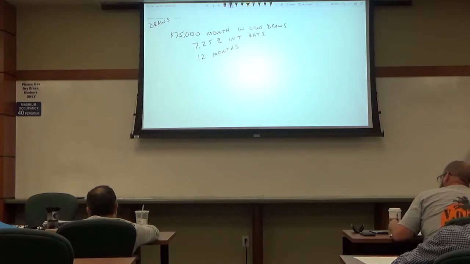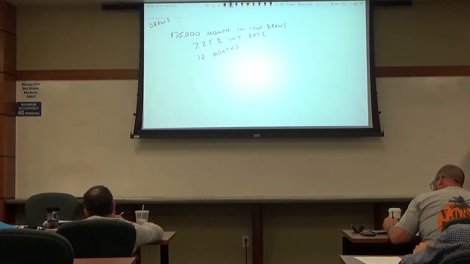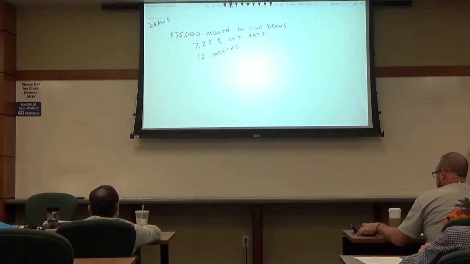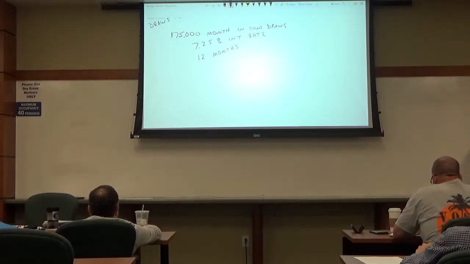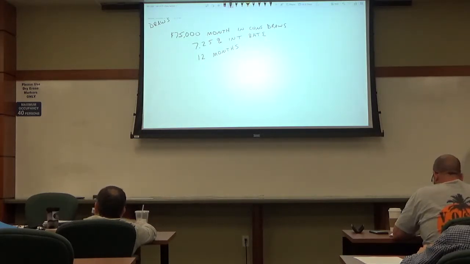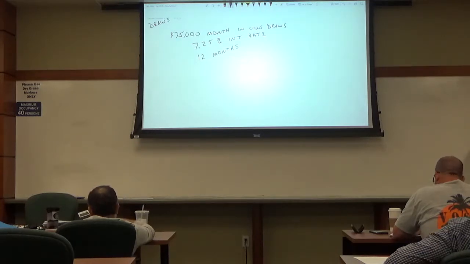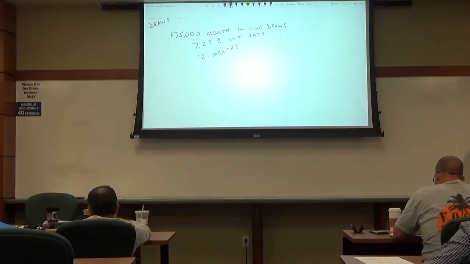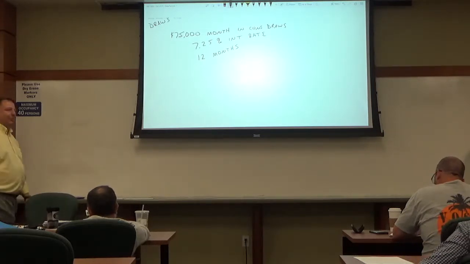Now the question is, how much do you owe the lender at the end of those 12 months under those conditions, assuming that the first draw occurs at the end of the month? It's not complicated, trust me, it's pretty straightforward.